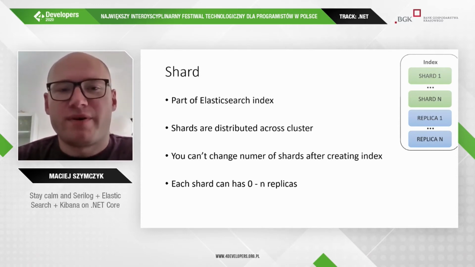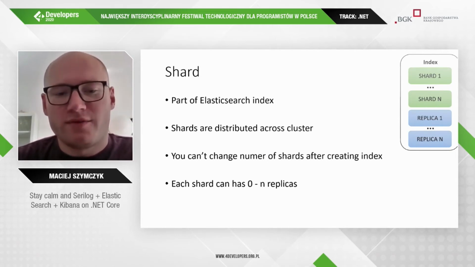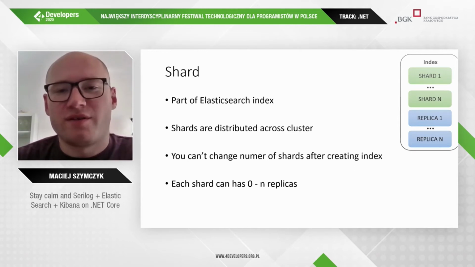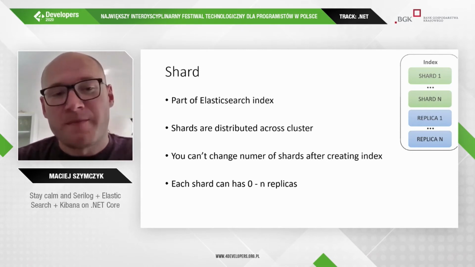A shard is a part of an Elasticsearch index. It's like a table. Let's assume that you have a table with 9 rows. When you split this table into 3 parts, you have 3 parts which contain 3 rows each. And those 3 parts you can move to different Elasticsearch nodes, and then you can distribute this.